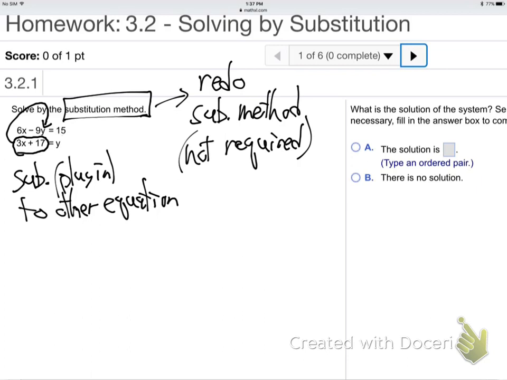I take 6x minus 9y equals 15, and in the place of y, I put what y is. Y is 3x plus 17.